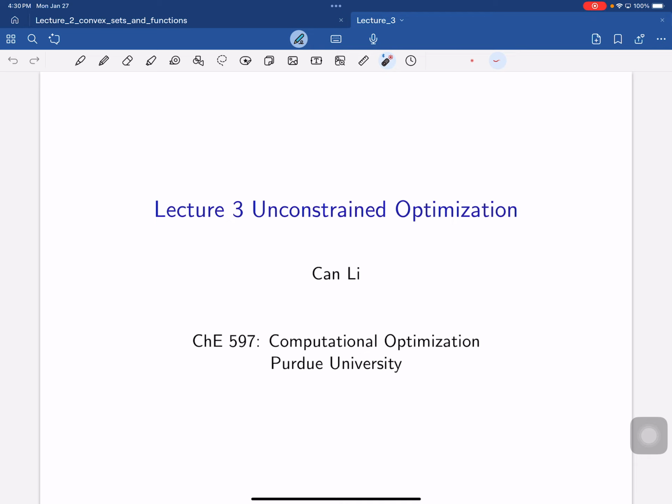function. That means if you take a point in a convex function and then take the derivative, the derivative and the slope will under approximate the convex function. We also gave the second order characterization of convex function. We know that the Hessian of any convex function is positive semi-definite.